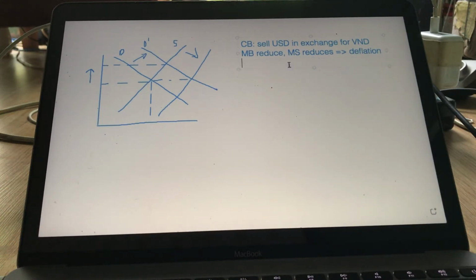Okay, so now to correct the monetary effect, what should the central bank do on the OMO?